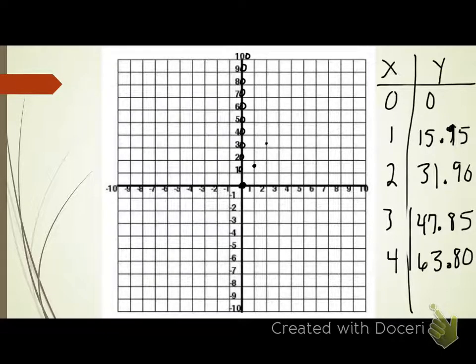Would be right about there. 3, 47.85, right 3, up 47.85. Right about there. And then right 4, up 63.80. Be right about there.